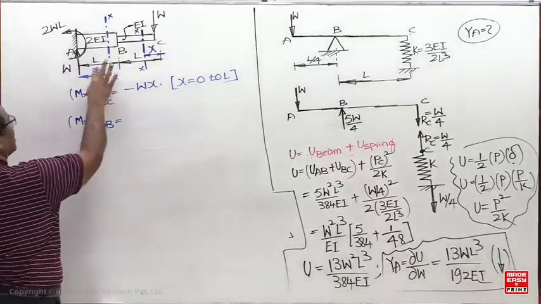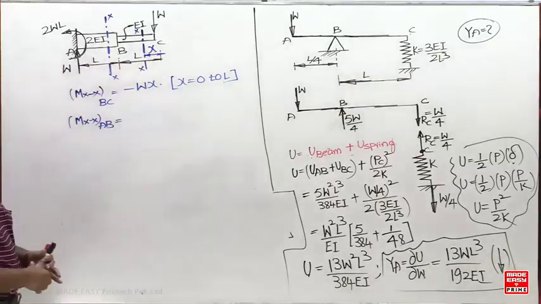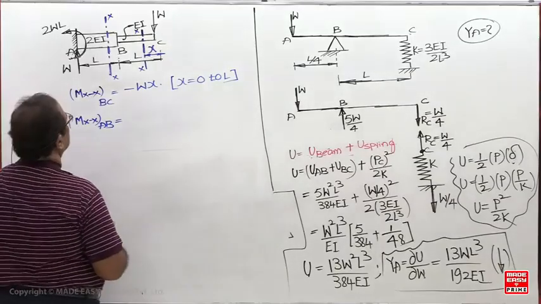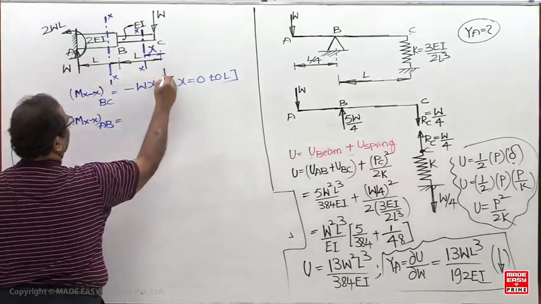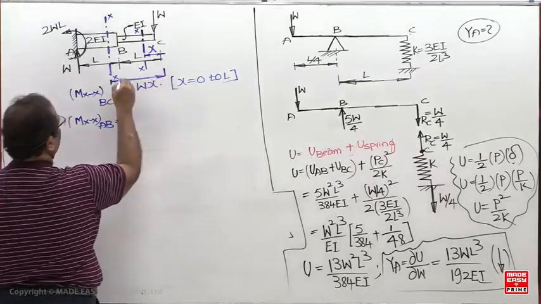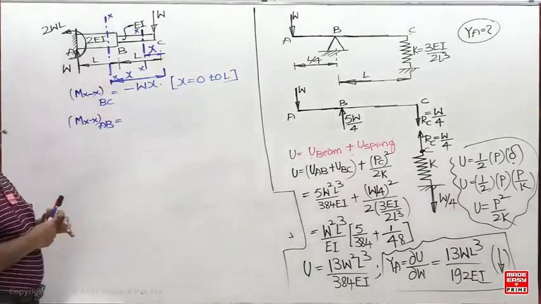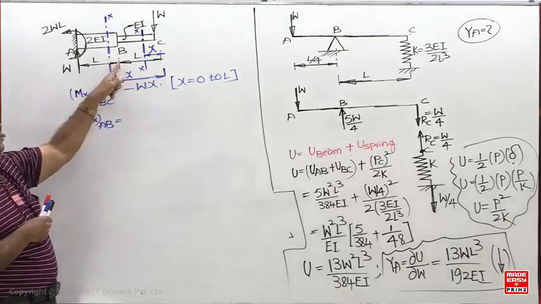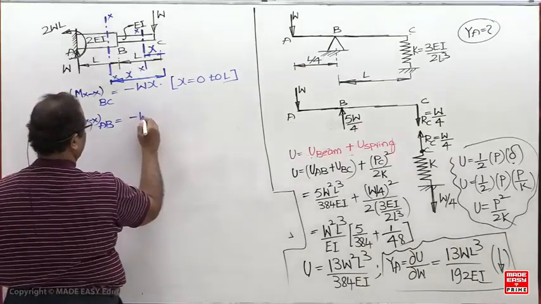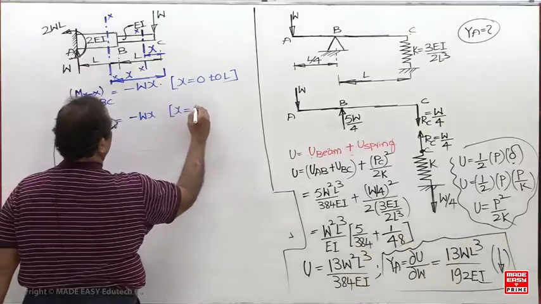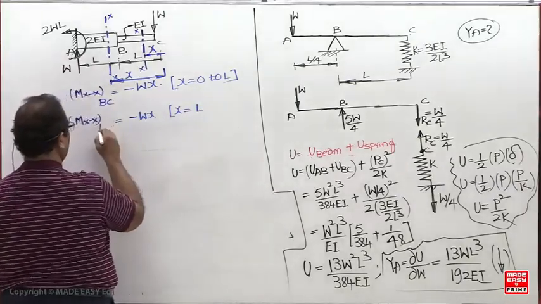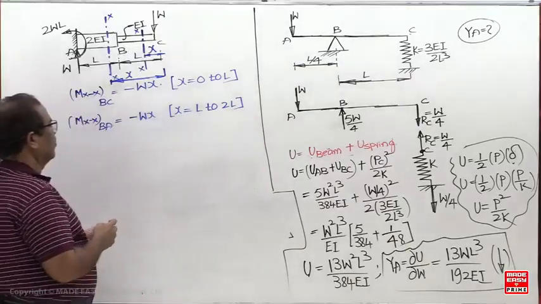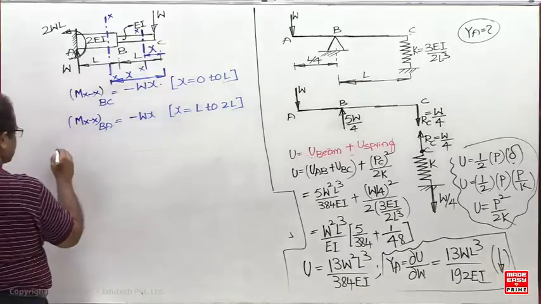Once again you take the right side. Once again, the bending moment equation is W into x only, but the limits are L to 2L. Now you can find the strain energy.